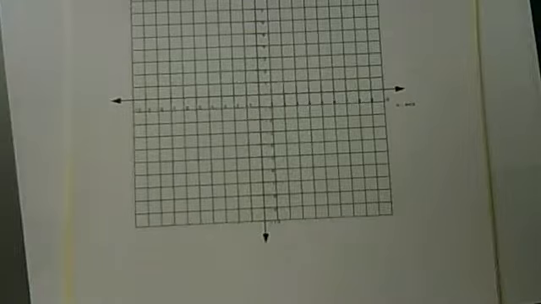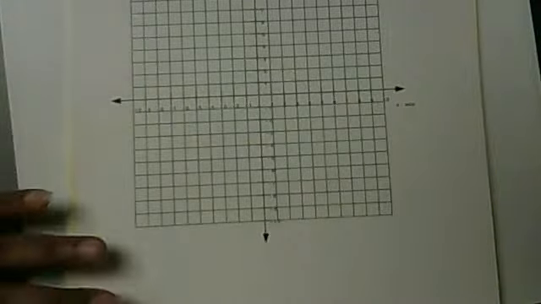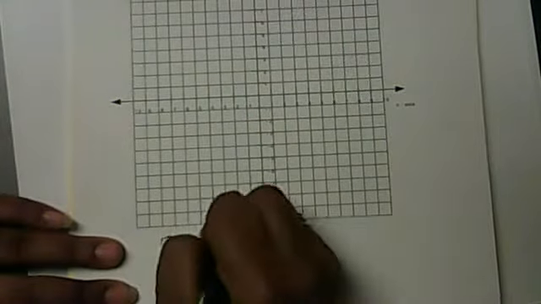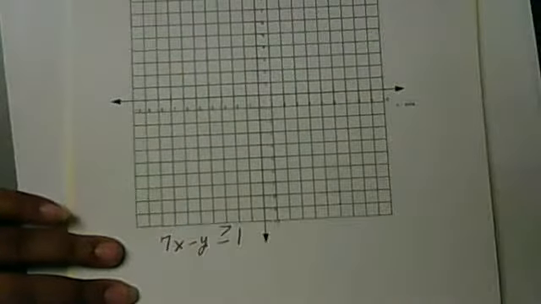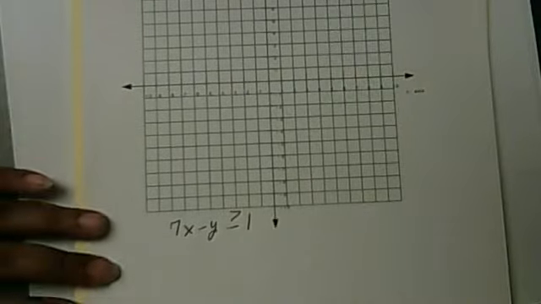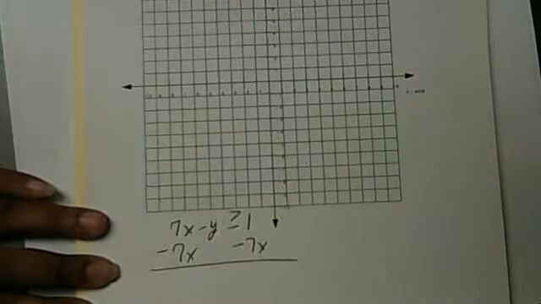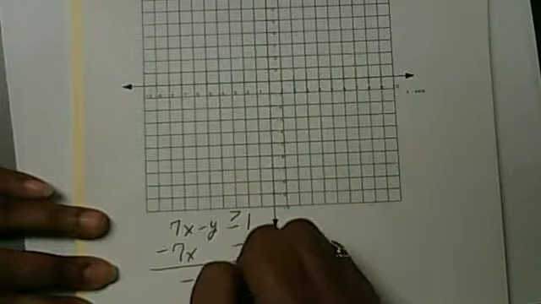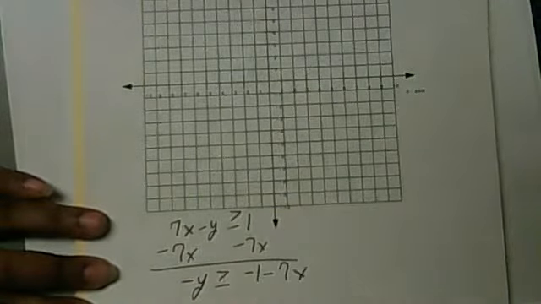Alright, so let's do that. 7x minus y is greater than or equal to 1. Alright, we're going to get the y by itself. First we're going to subtract 7x from both sides. That's going to leave us with negative y is greater than or equal to negative 1 minus 7x.